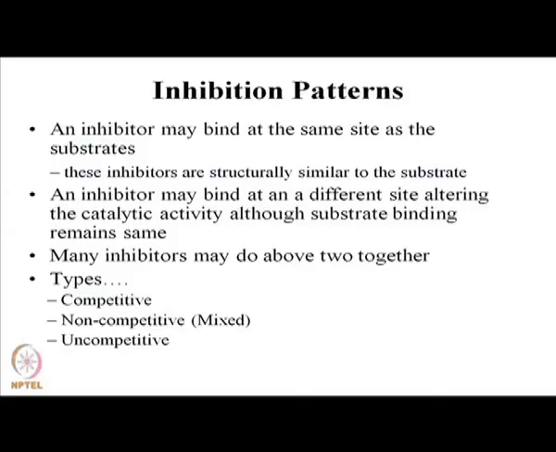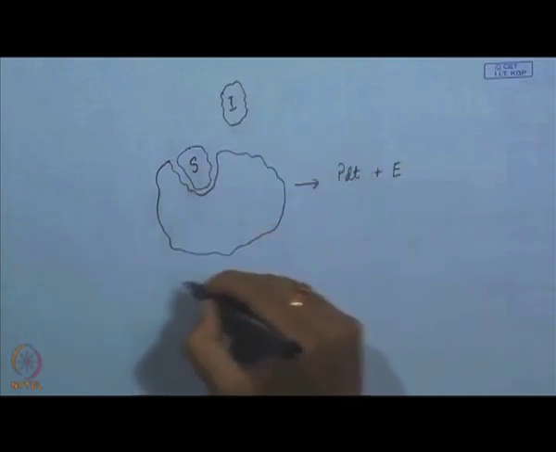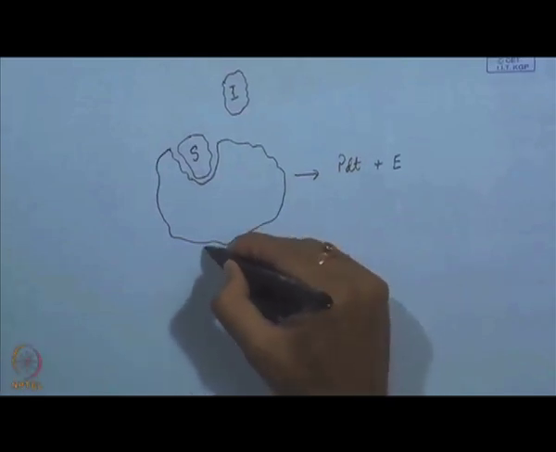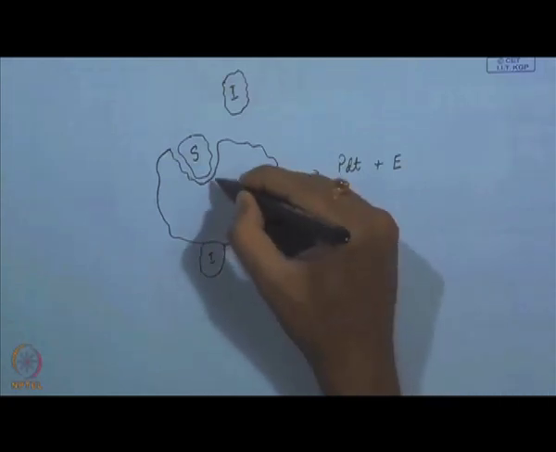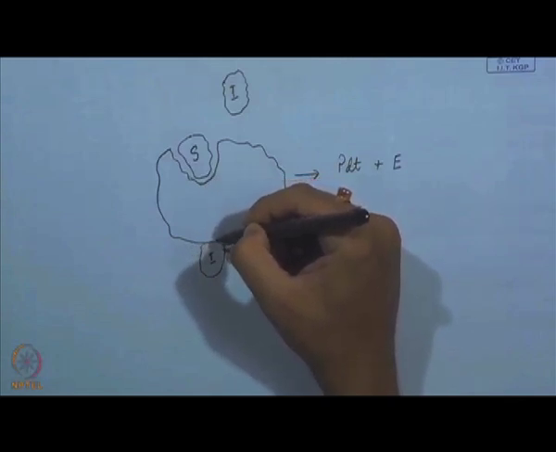The next situation is that an inhibitor may bind at a different site, thereby altering the catalytic activity, although substrate binding remains identical. Suppose your enzyme is this and your inhibitor binds at some other place, in such a way that it modifies your active site activity in an indirect fashion, so that the reaction gets slowed down.